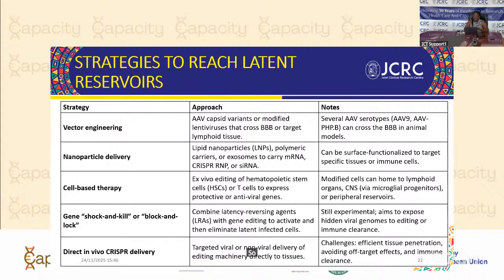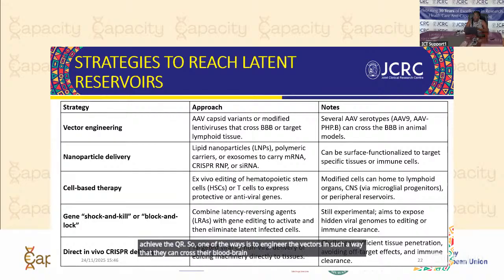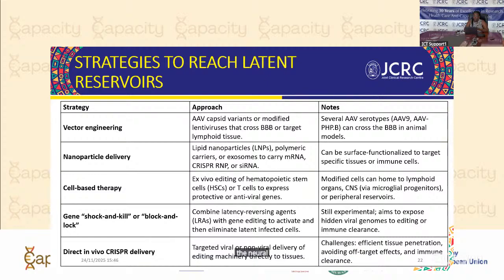So we said earlier that latency is the biggest hindrance to an HIV cure. So under gene therapy, how can we be able to reach those latent reservoirs in order to achieve the cure? So one of the ways is to engineer the vectors in such a way that they can cross the blood-brain barrier, because the neural system is protected from the periphery.